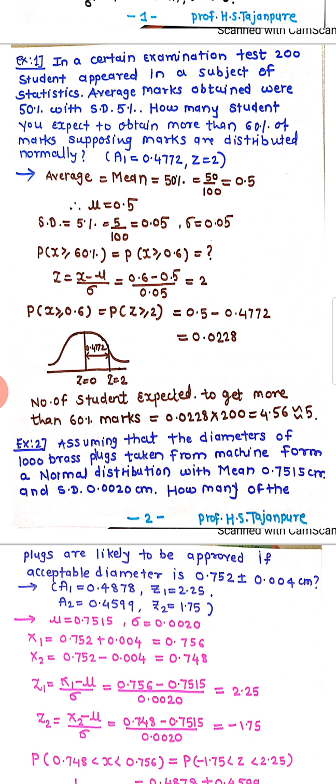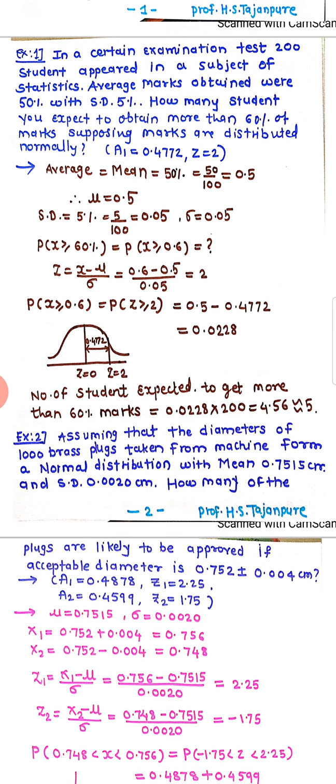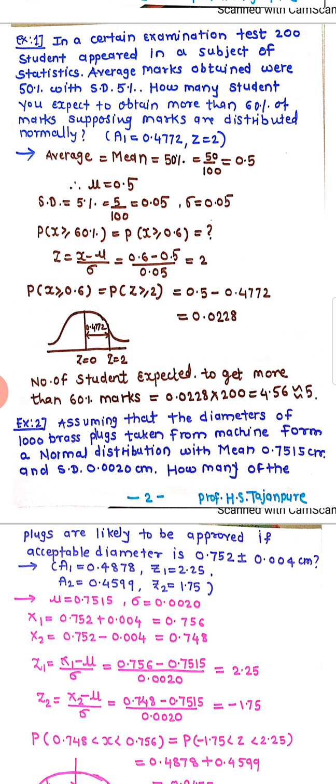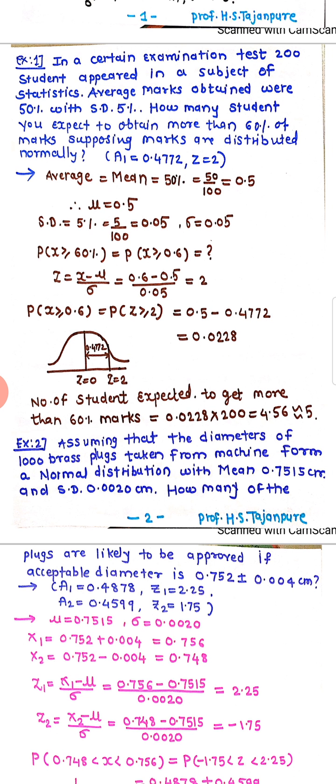Since we require only the area above z equal to 2, we subtract the area from z equal to 0 to z equal to 2. That area is given: the area corresponding to z equal to 2 is the area from z equal to 0 to z equal to 2. So we subtract it from 0.5: 0.5 minus 0.4772, which equals 0.0228.